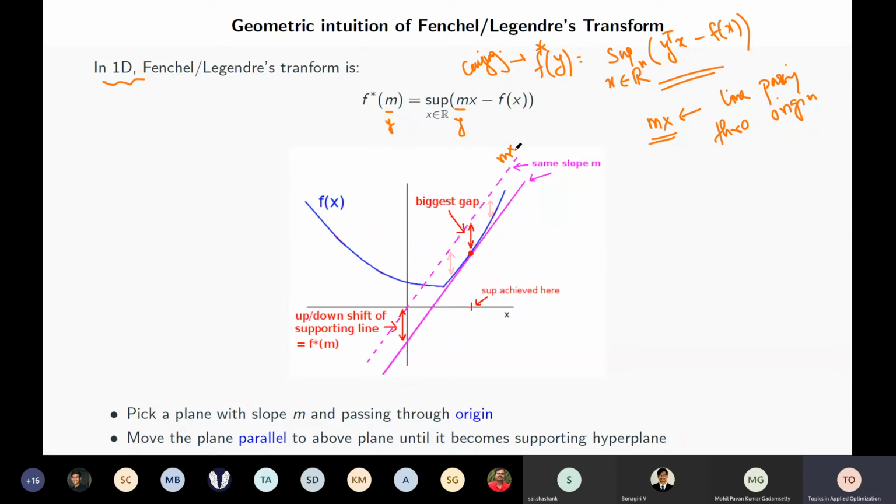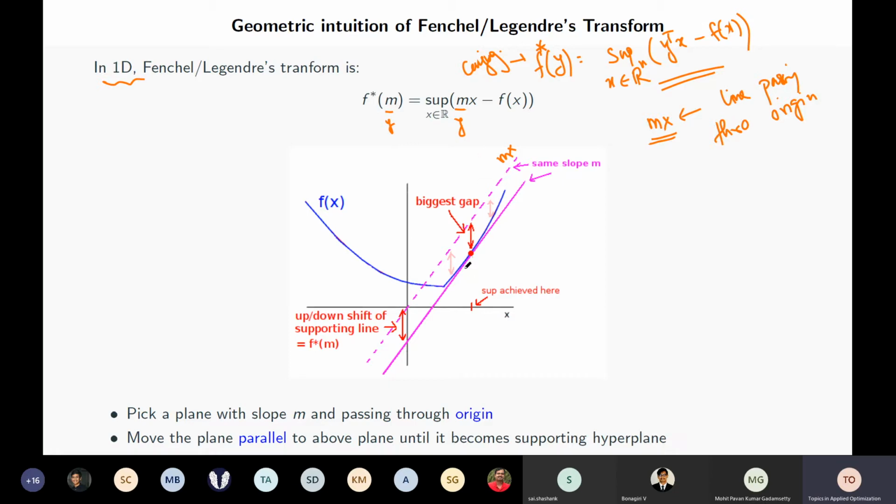For one x this is this, for another x this may be different, and so on. And this is my function f(x). What I'm trying to say by taking the supremum is: what is the maximum gap I will have, because that's when the supremum will be achieved? What is the maximum difference between mx and f(x) at a point x? That's when I will get the supremum.